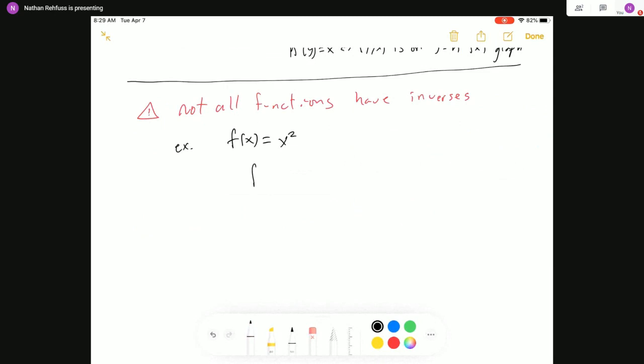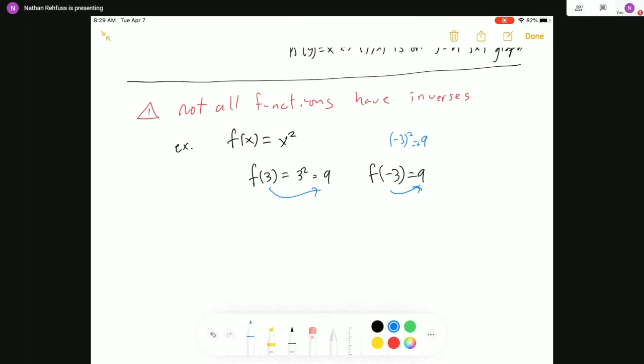So I know that f of 3 is 3 squared, which is 9. So f of 3 is 9. And I also know that f of negative 3 is 9, because negative 3 squared is positive 9. So both of these turn into a 9 when I plug them into f.